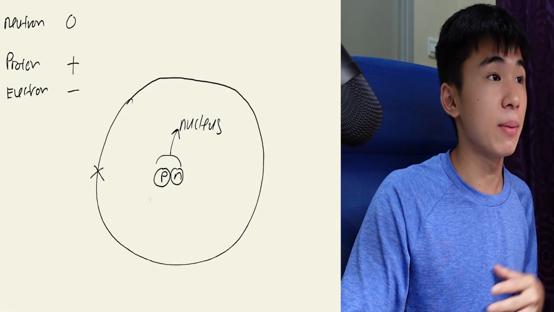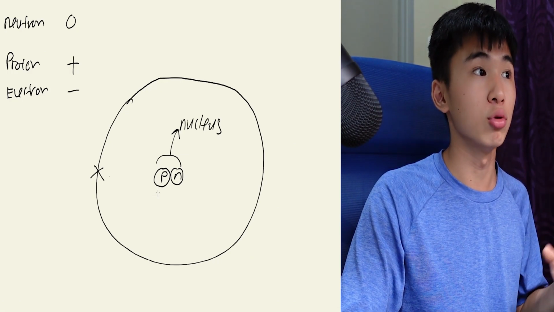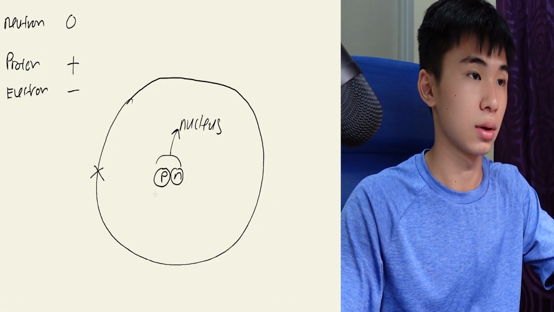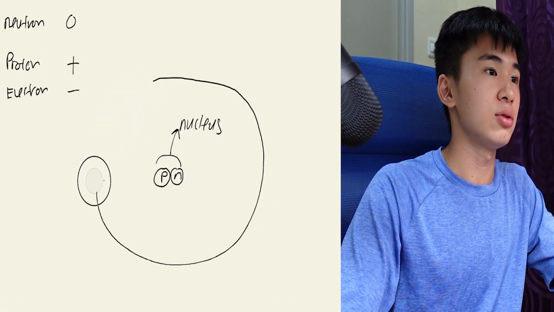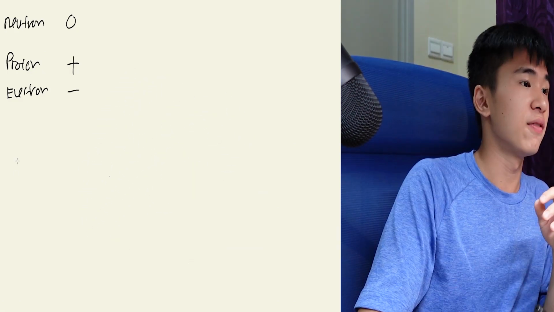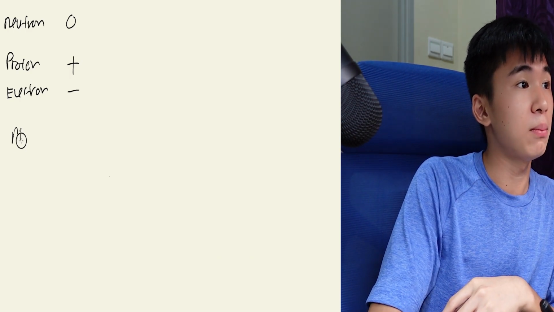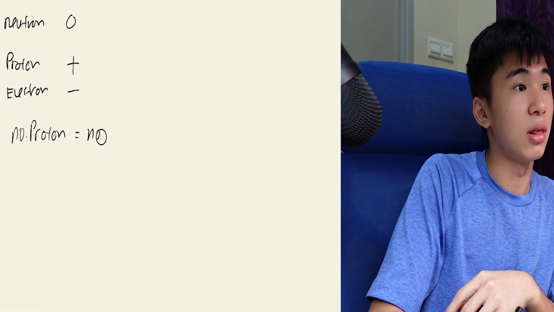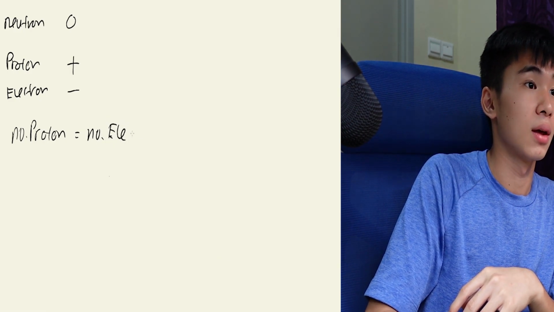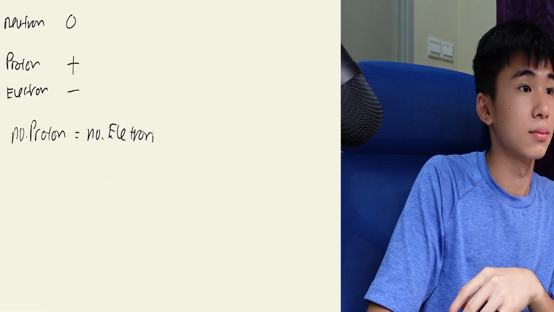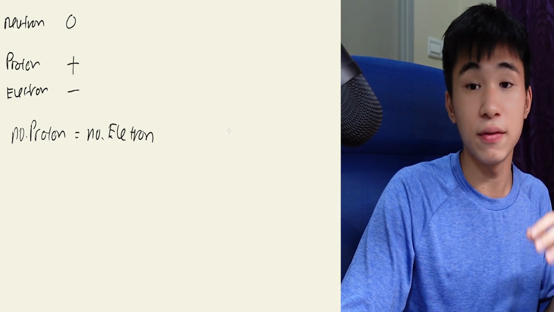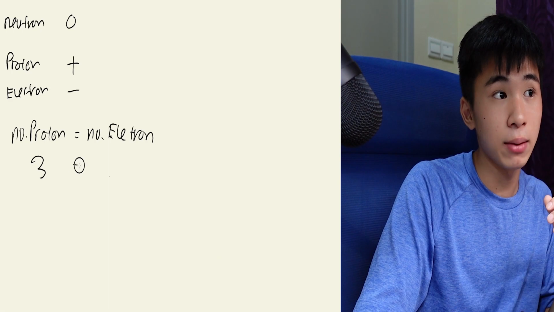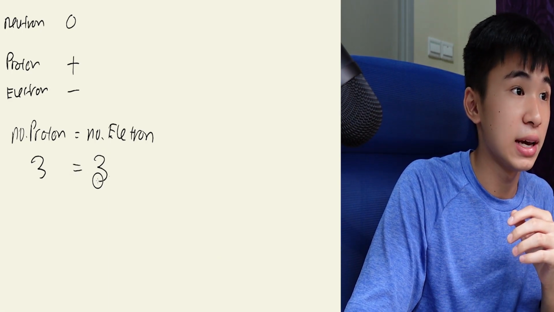And right now I'm going to talk about the rules of an atom. How does it work? Their nature. So I'm just going to erase this. The first one is that the number of protons is equal to the number of electrons. Which means that if an atom has 3 protons, the atom must have 3 electrons at the same time.